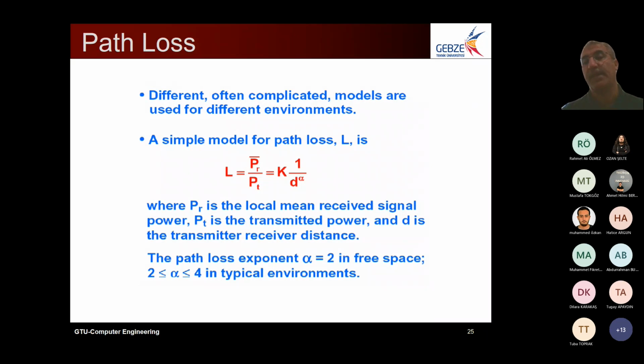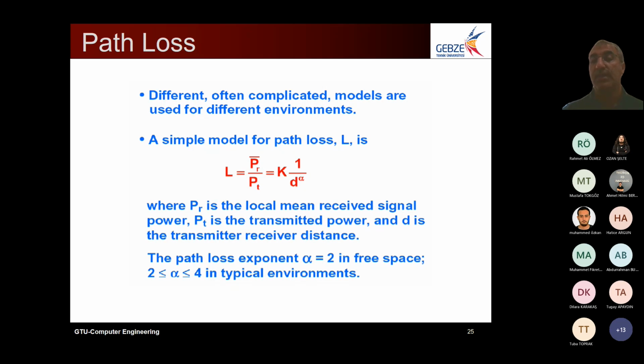And we model these effects, and it's really different and very complicated to model them because each environment can have a different path loss. A simple model for path loss L is equal to the average received signal over the transmit signal, which is equal to k times 1 over distance to the power of alpha.